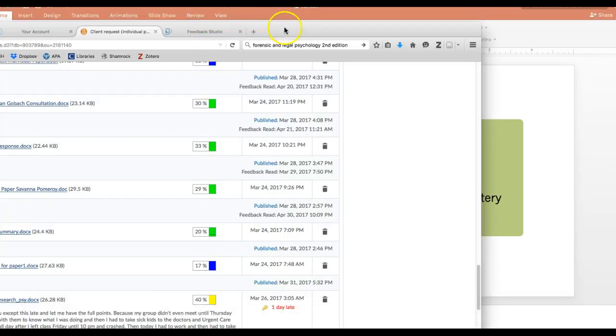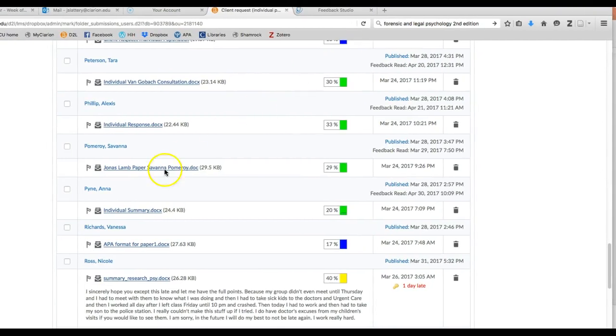Now this is my class site, my view. It's going to be a little bit different than what you see. Anna Pine gave me permission to look at her paper and to use it. This box is a Turnitin box, and sometimes faculty make them available, sometimes not.